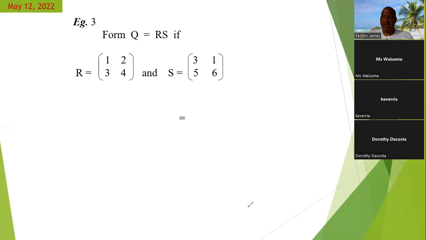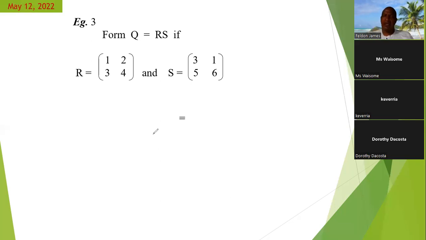So now we know that it can be multiplied. How do we multiply? What is the rule for multiplication of two matrices? How do we multiply matrices? So you multiply the first number in the first row and column with this first number in the second row and column. All right.